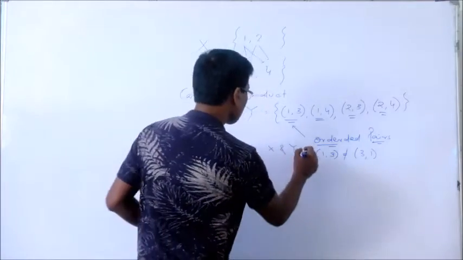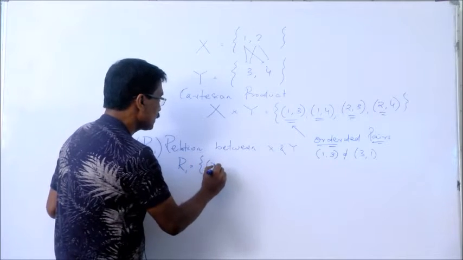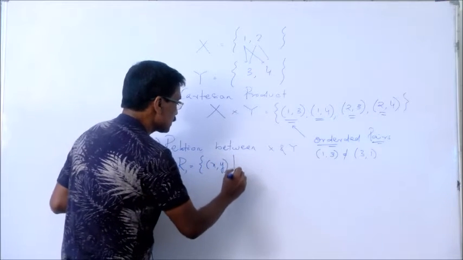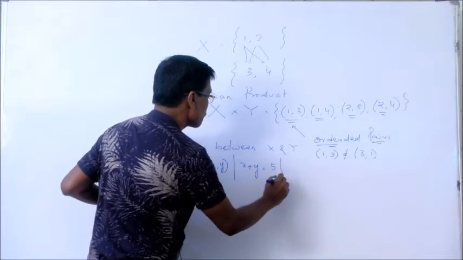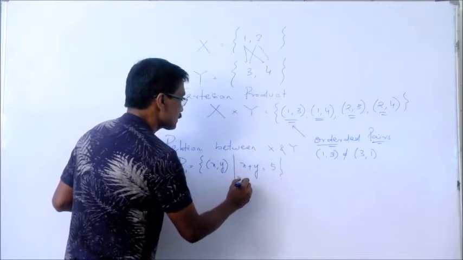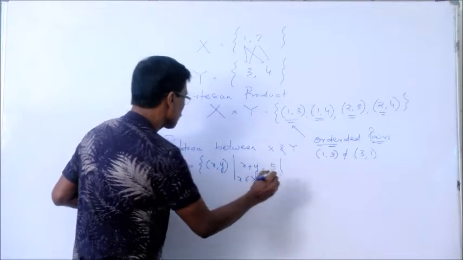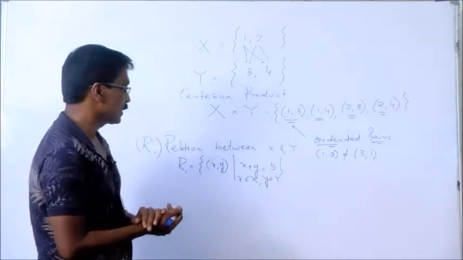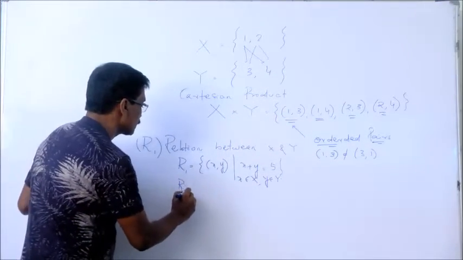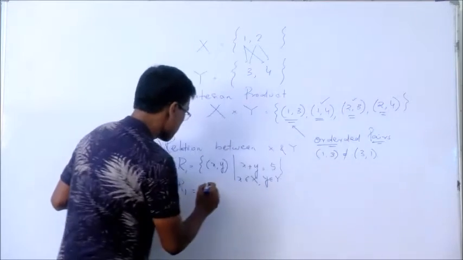R1 is the set of (x, y) such that x plus y is equal to 5, where x belongs to the x set and y belongs to the y set. Out of these elements, R1 is (1,4) and (2,3).